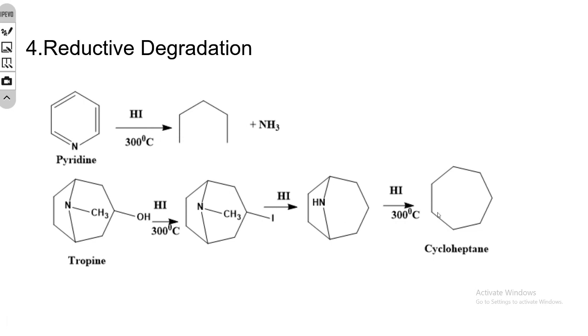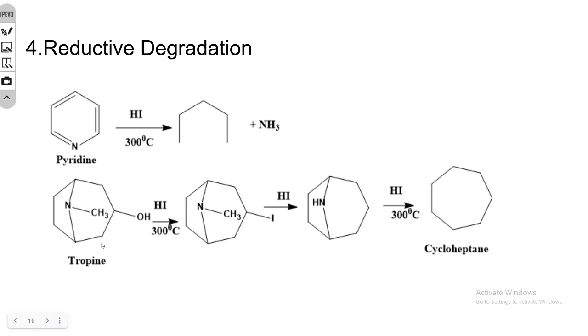Since we get cycloheptane after reductive degradation, it is clear that the original compound tropine may contain at least one cycloheptane ring, or seven-membered ring.